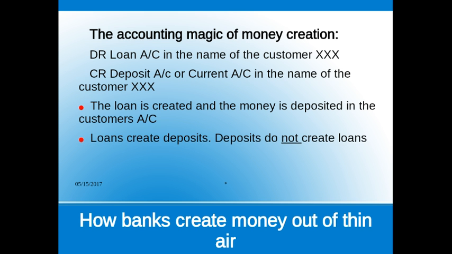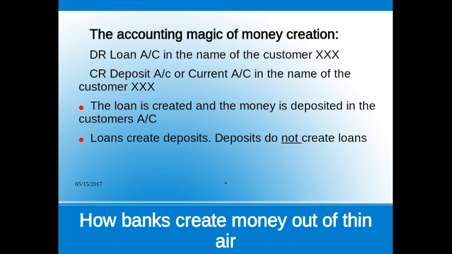And the Austrians have one thing right about money, that the banks create money out of thin air. They do it by an accounting privilege. Here are the journal entries for that. For any of you accountants, this is the sub-ledger.